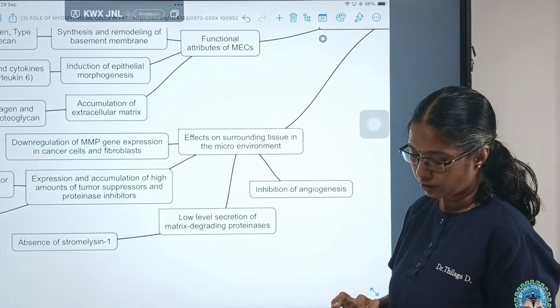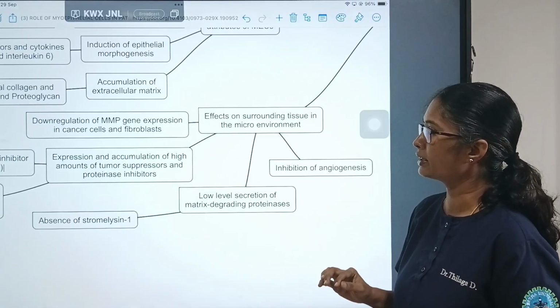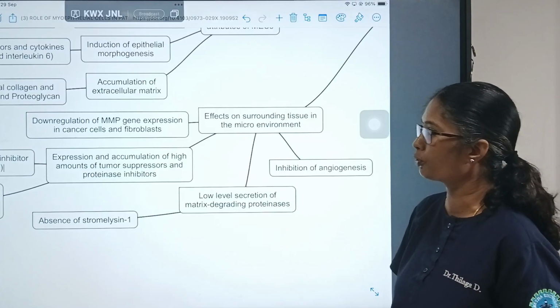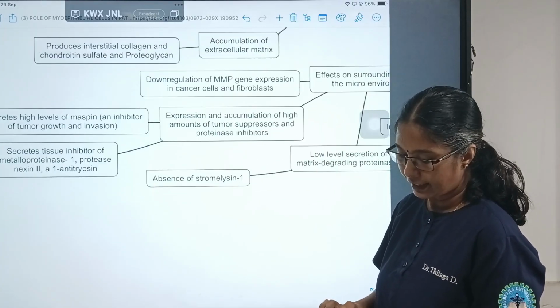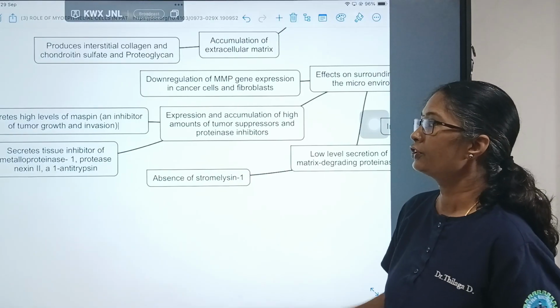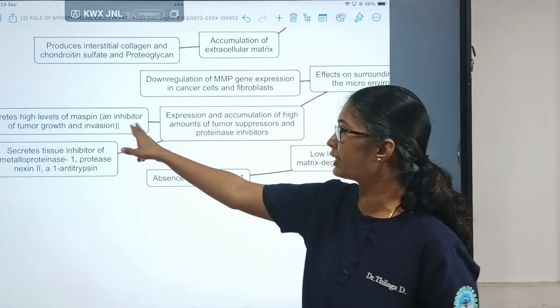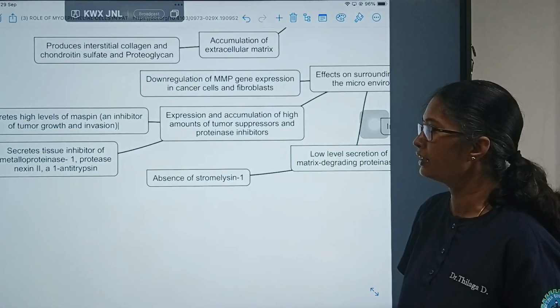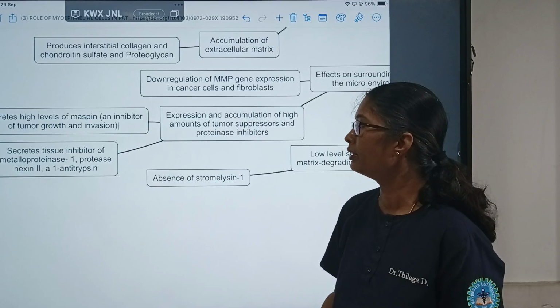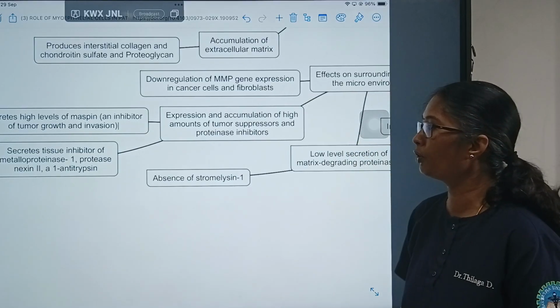And what are the effects on surrounding tissue in the microenvironment? It downregulates MMP gene expression in cancer cells and fibroblasts. There is expression and accumulation of high amounts of tumor suppressors and proteinase inhibitors. It secretes high levels of maspin, which is an inhibitor of tumor growth and invasion, and it also secretes tissue inhibitor of metalloproteinase, protease nexin 2, and alpha-1 antitrypsin.